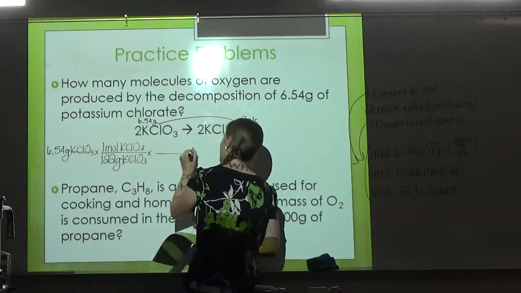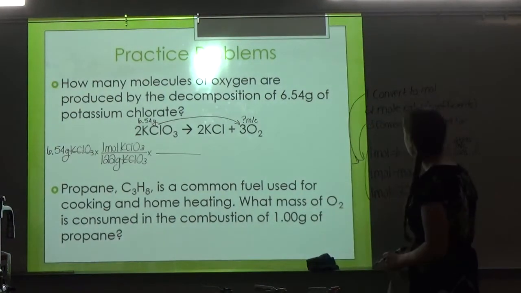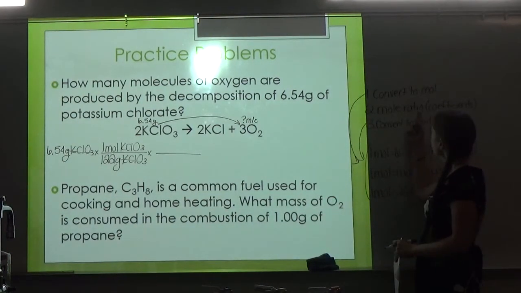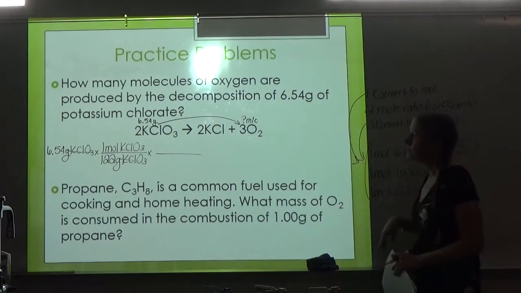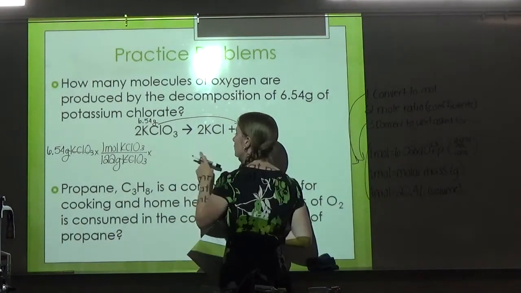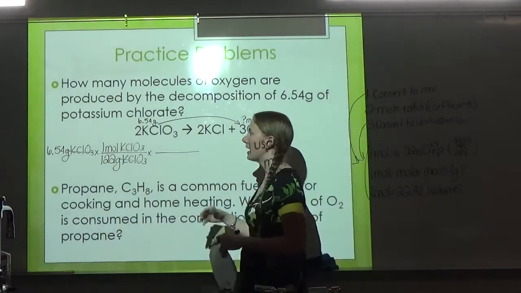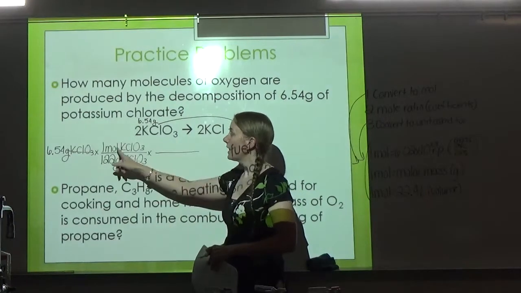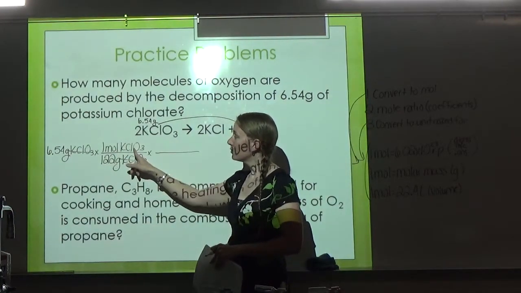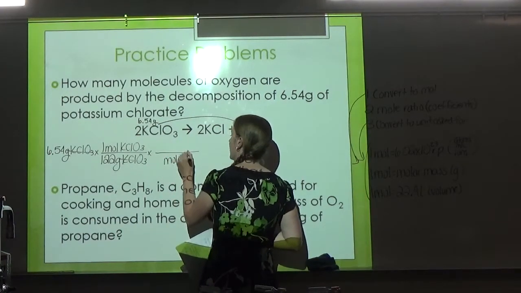So stoichiometry is all about following the golden rule, as is so many of the things we do in here. So step 2 is mole ratio. This is where I use the coefficients. So I can see that 2 moles of potassium chlorate makes 3 moles of oxygen. So I have to figure out which part goes on bottom. Well, I have moles of potassium chlorate on top, so I want moles of potassium chlorate on bottom.